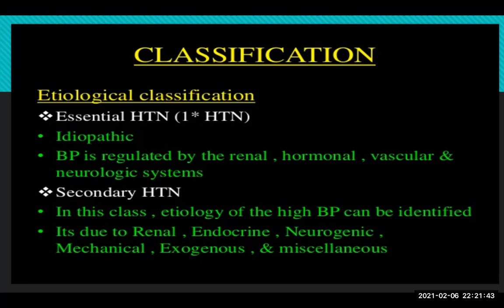In secondary hypertension, the etiology of the high blood pressure can be identified, which could be due to renal disease, endocrinal disorder, or neurogenic disorder. It could also be mechanical, exogenous, or miscellaneous causes. It's common in the younger age, so we have to look for the primary cause of the secondary hypertension.